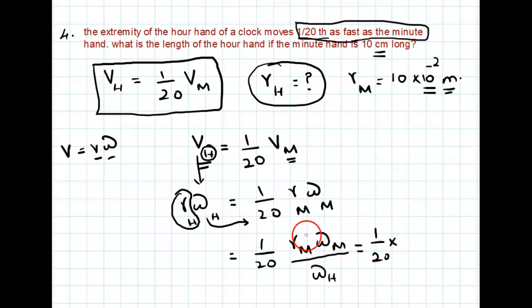What is the minute hand's radius? 10 times 10 to the power minus 2. So omega for the minute we already know, 1.745 multiplied by 10 to the power minus 3, divided by omega for the hour.